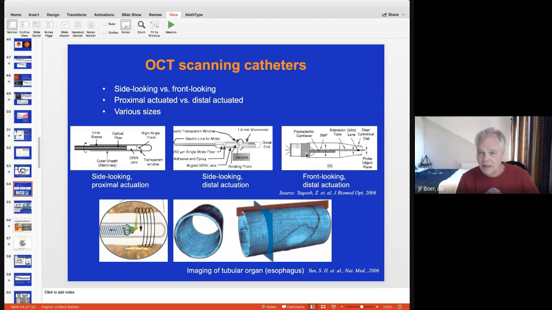And lastly, you look at forward-looking probes where you are not looking sideways, but you look in the forward direction, and you try to do that with piezo cantilevers that oscillate. So the whole fiber now oscillates, meaning that it creates an oscillation of the location where you image, and you can create a forward-looking image of the tissue.